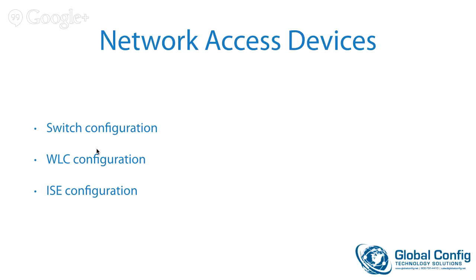As far as AAA clients go with ISE, we're going to configure the switch config, which is going to have all the RADIUS settings. It's going to talk back to ISE, and we're also going to have a wireless controller that's going to have to be configured to talk back to ISE.